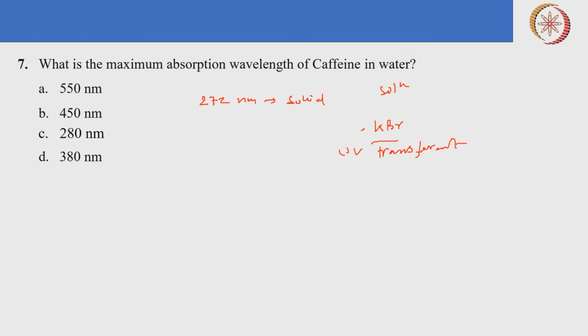Basically, KBr is UV transparent, so you can mix your compound with KBr properly, make a pellet, and measure the UV-visible spectra in transmittance or reflection mode.